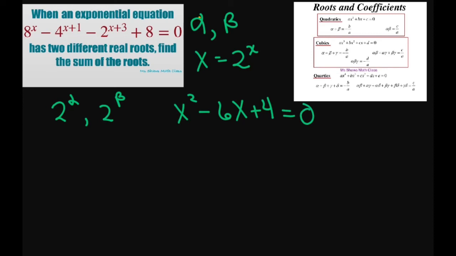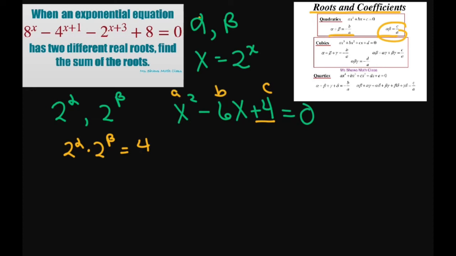By the relationship between roots and coefficients for our quadratic, we have the product of the roots, 2 to the alpha times 2 to the beta, equals 4. That's just c over a. This is your c, this is your b, and this is your a. A is 1.